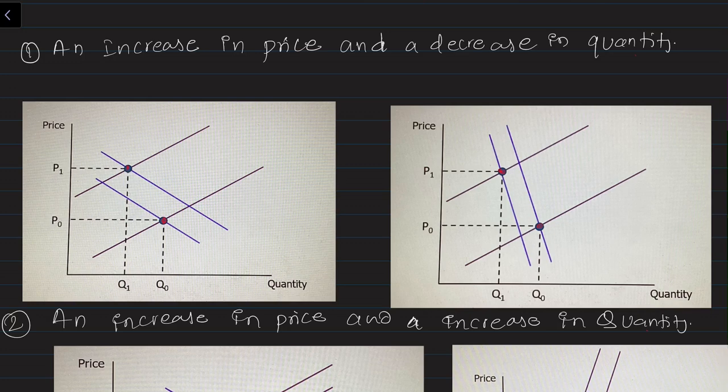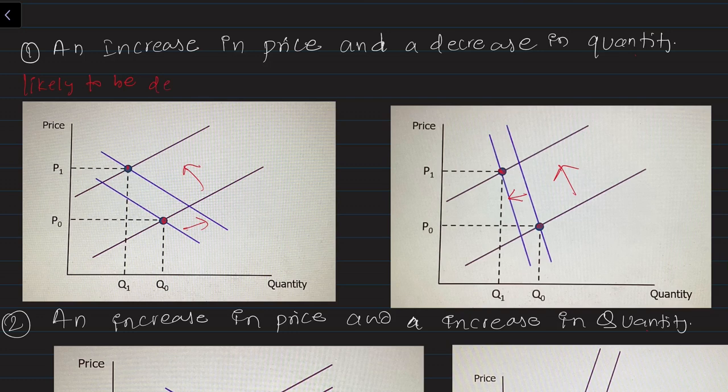In the second graph, you can see that the demand curve is relatively steeper, but in both of these graphs, the supply curve has shifted to the left, and in the first graph, the demand curve has shifted to the right, and in the second, the demand curve has shifted to the left. So from these two graphs, we can conclude that it is likely to be a decrease in supply.